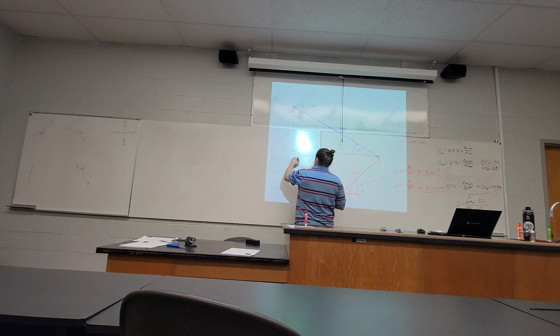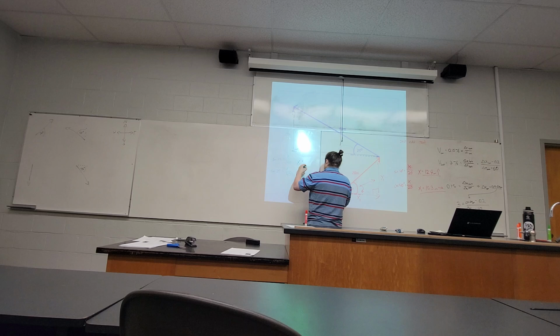So what do our legs turn out as for this triangle? y2 equals 16.9. Very good. x2 equals 36.3. Thanks.